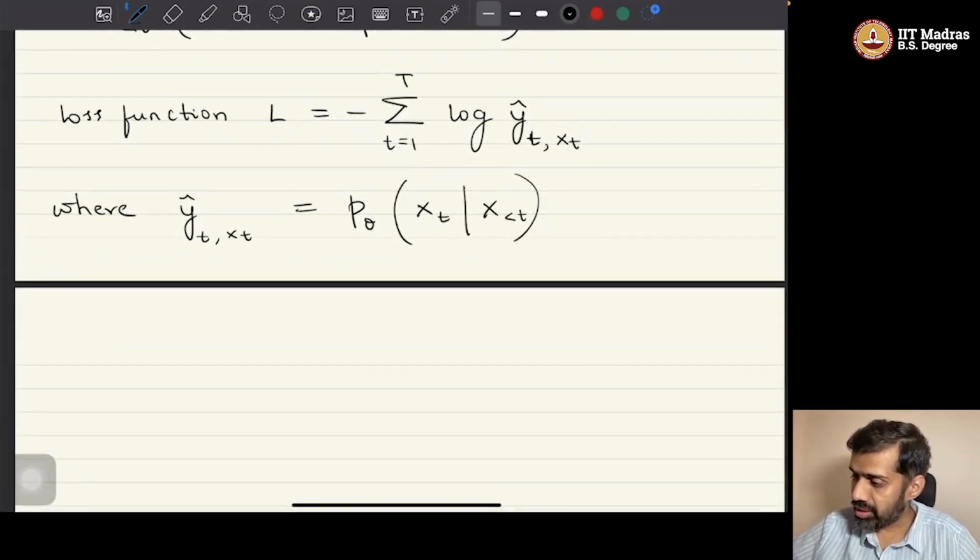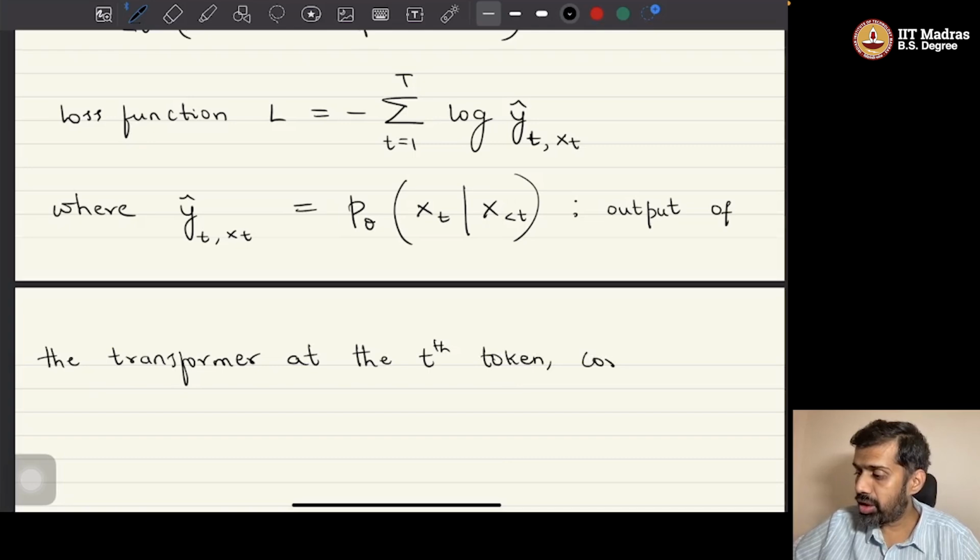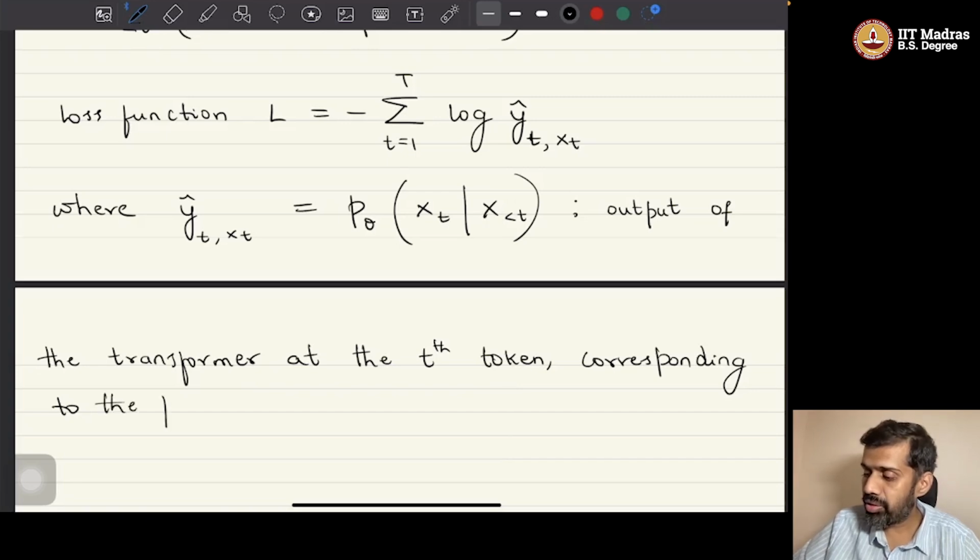This is actually the output of the transformer at the tth token corresponding to xt, or rather let's say corresponding to the position of xt in the vocabulary V, right?